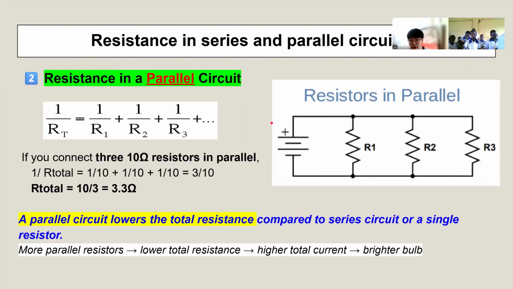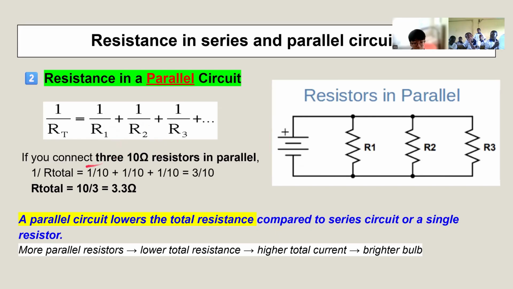But now things get a little bit complicated when you put resistors in parallel. If you put the resistors in a parallel circuit, then it is calculated by this equation right here. So basically, you're taking the inverse, the reciprocal of R total, by adding the denominators.